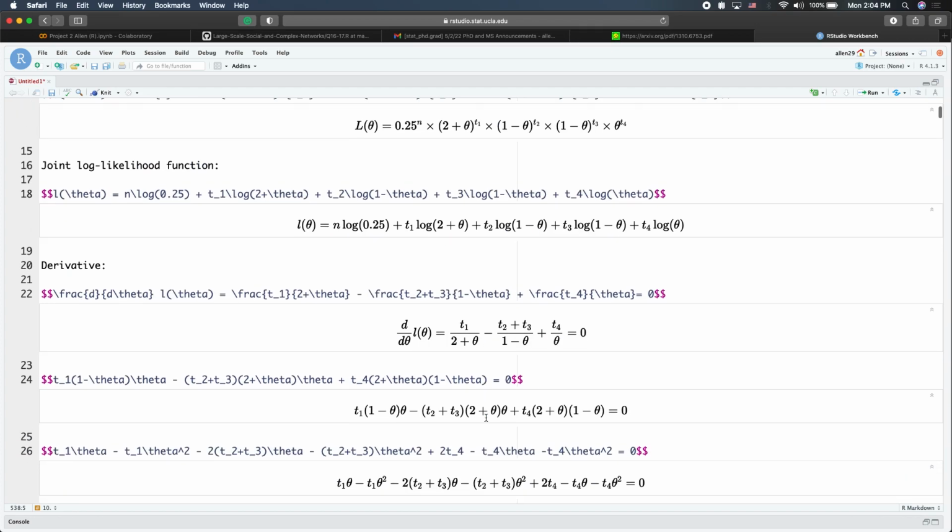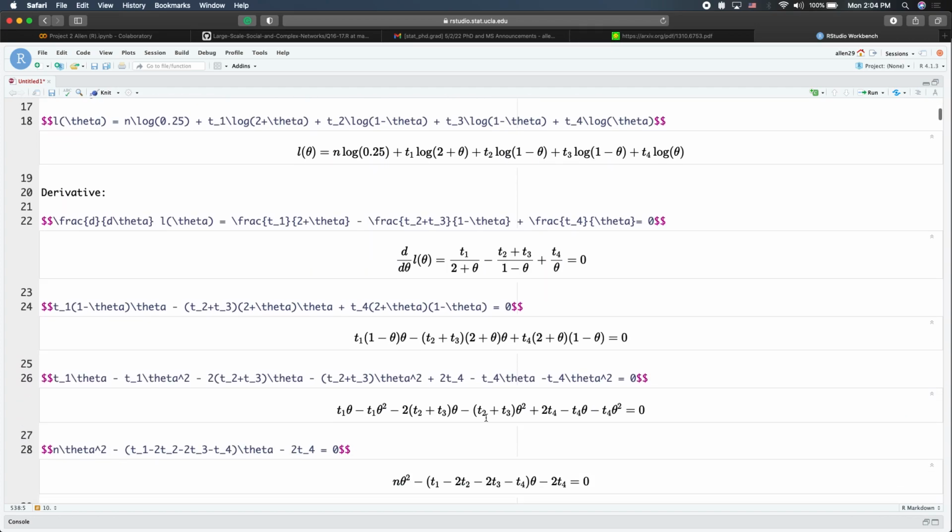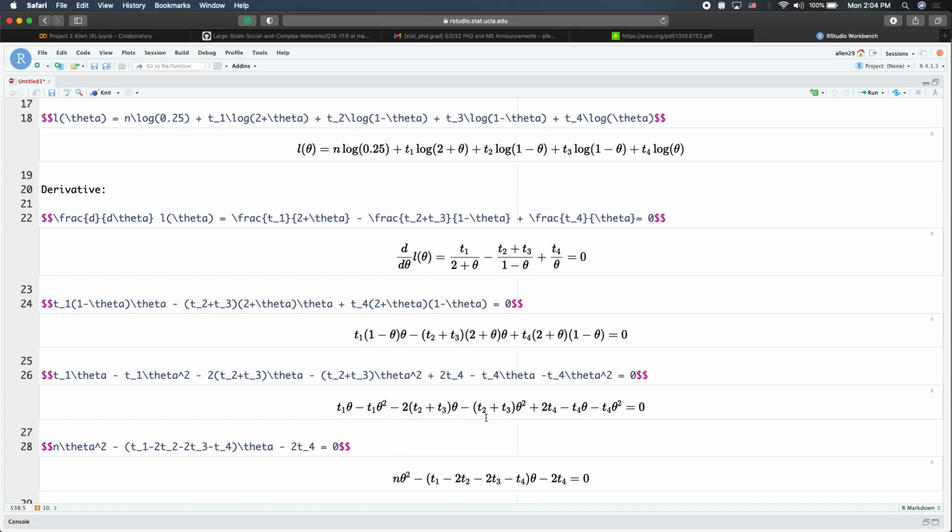Once we have the log likelihood, we take the derivative with respect to the only unknown parameter in this PMF, which is theta. So the derivative with respect to theta: the constant drops out, and then T1 over 2 plus theta, minus T2 plus T3 over 1 minus theta, and plus T4 over theta, and set it equal to 0.